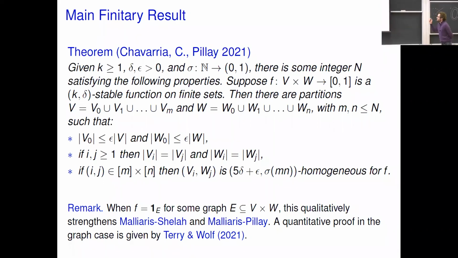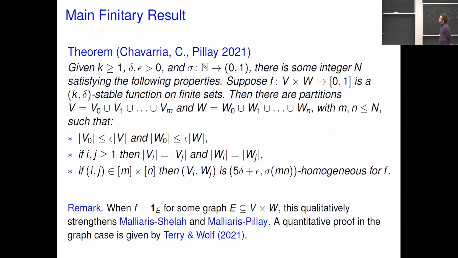All right, and then I do want to say that in that particular graph case, where your function is actually the indicator function of a graph, there is a quantitative proof of this stronger statement in this recent work of Terry and Wolf that you've seen talks on recently. Okay, but in the function case, this is the statement we have now. Okay.